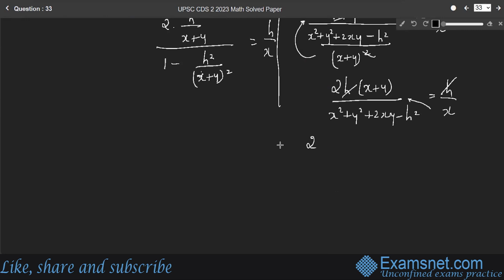So it becomes 2x into x plus y, which is 2x square plus 2xy, is equal to x square plus y square plus 2xy minus h square, right? So we can cancel 2xy and 2xy. Therefore, take this h square to the other side, it becomes plus x, h square is equal to y square minus x square.